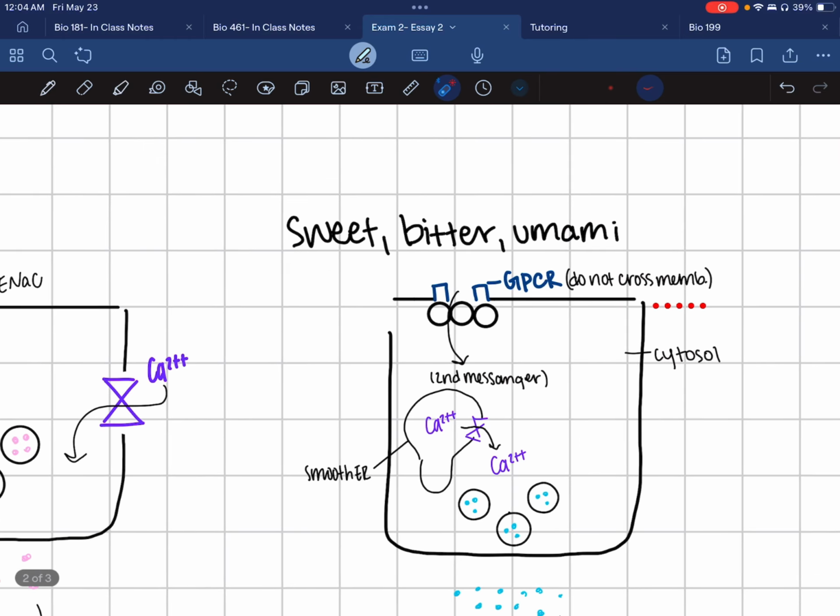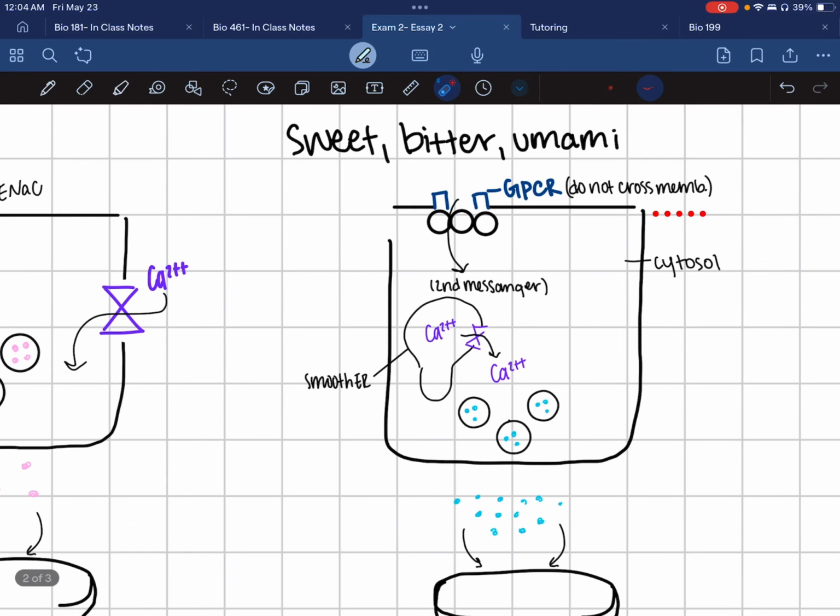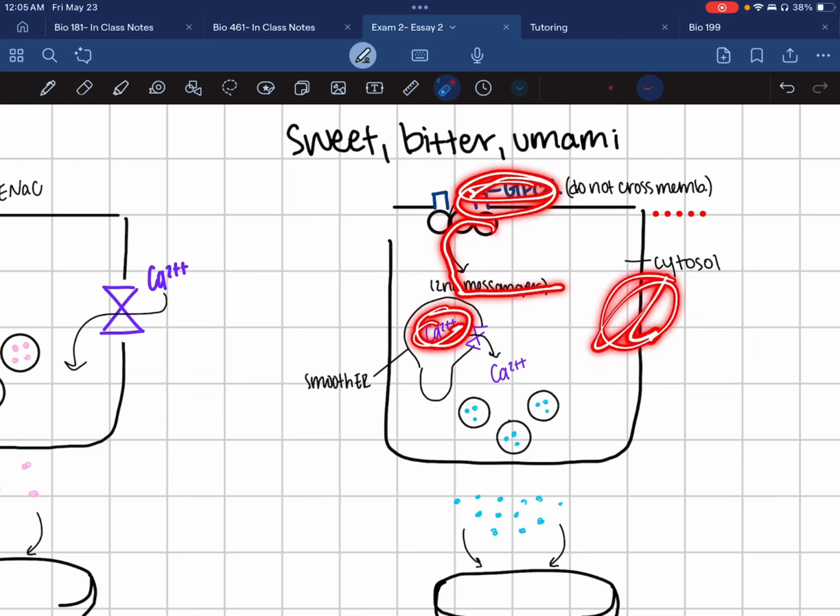The same thing is going to occur over here with the sweet, bitter, and umami, but the only difference is that we use G-coupled protein receptors, but they don't cross the membrane, but the effect is still going to be the same for them. And then once they do bind to these G-coupled protein receptors, it triggers basically a second messenger, which causes the opening of calcium, but it's going to be over here rather than over here.